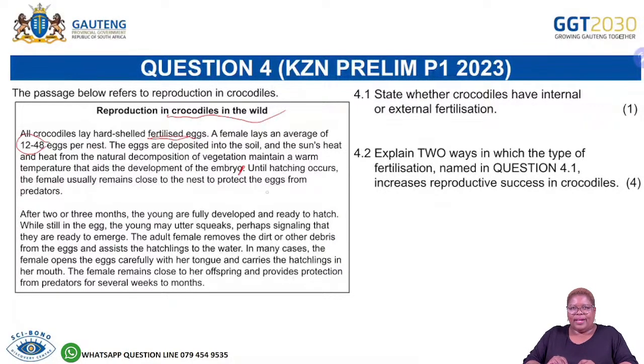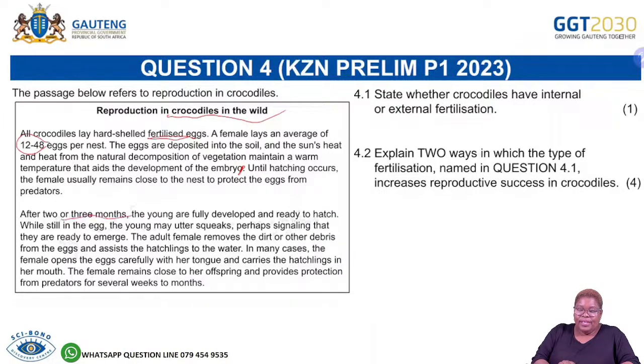So all the adult parents, they are overprotective of the young ones. In this case, this crocodile is protecting the eggs from predators. Now, after 2 or 3 months, the young are fully developed and ready to hatch.